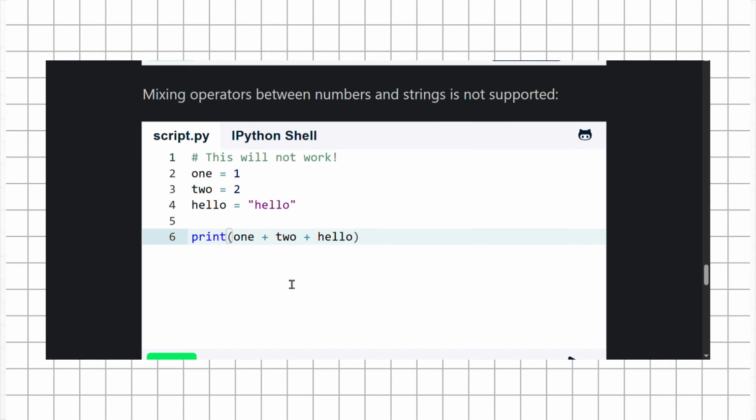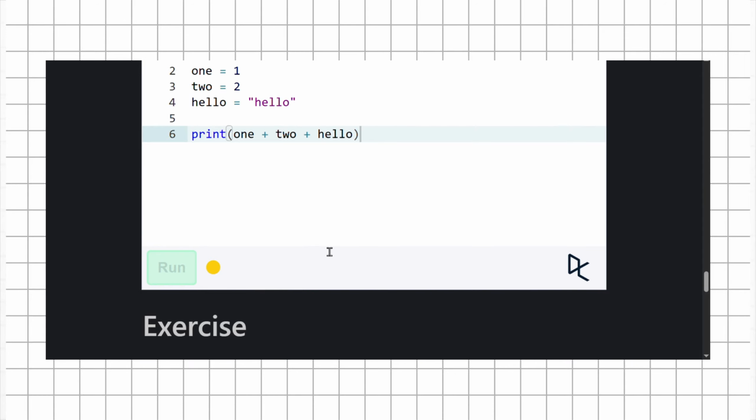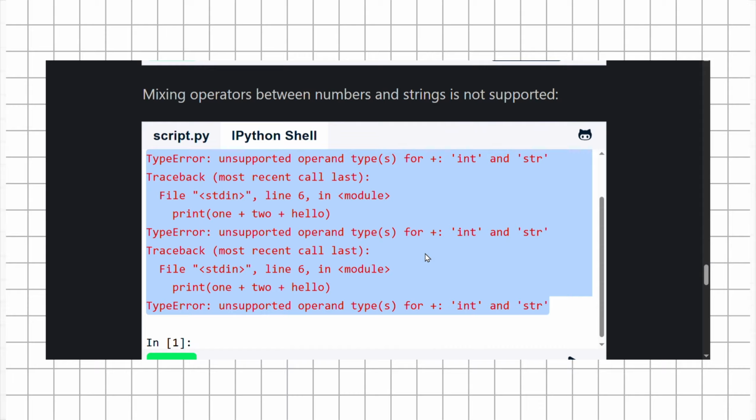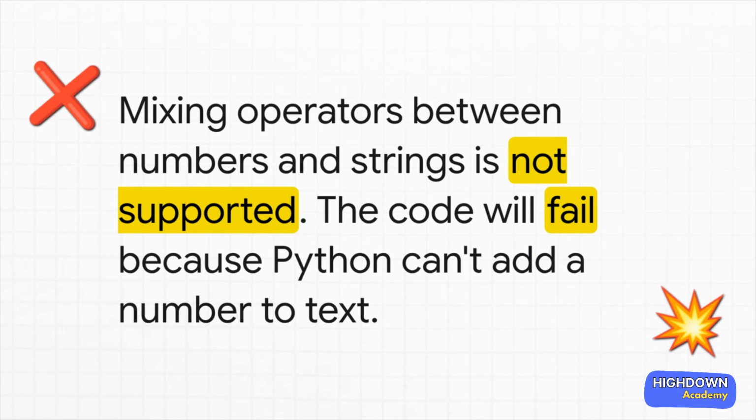But then what? How do you even mathematically add the word hello to the number 3? And yeah, the answer is you just can't do that. It doesn't make sense. So this will cause your program to stop and give you an error. Specifically, it's called a type error because you tried to use an operation, in this case addition, on types that are incompatible. And this is a super common mistake for beginners, but the good news is now you know exactly why it happens.